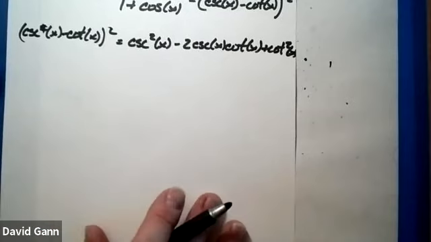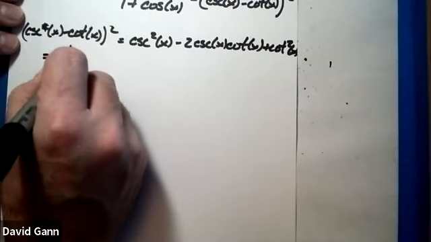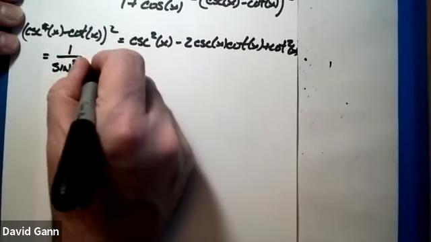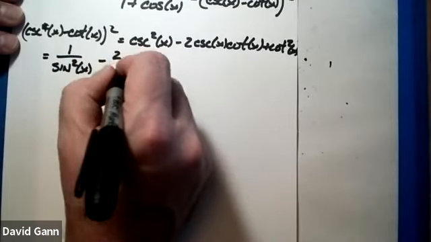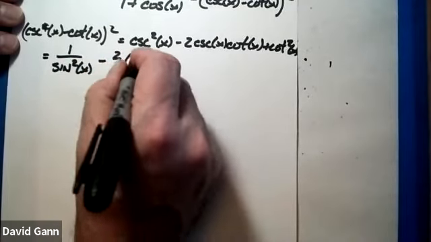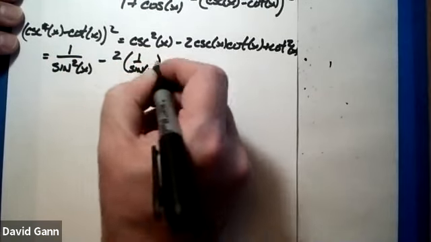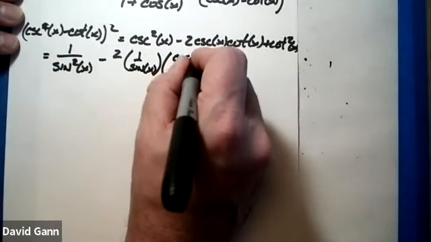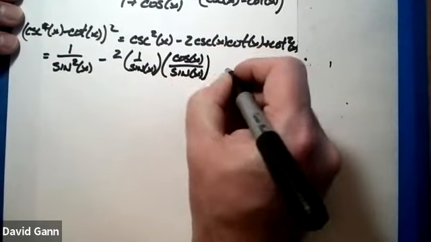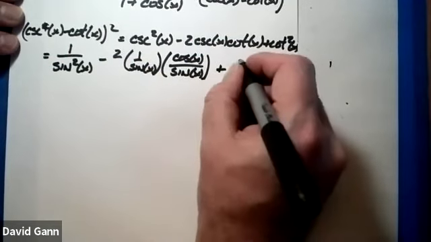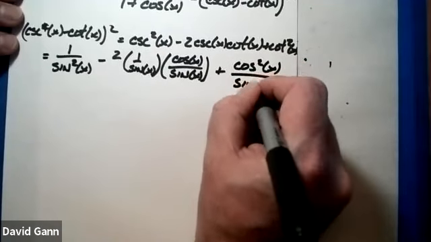in sines and cosines. So the next step would be 1 over sine squared of x minus 2 times, let's see, that's 1 over sine of x times cosine of x over sine of x, plus cosine squared of x over sine squared of x.